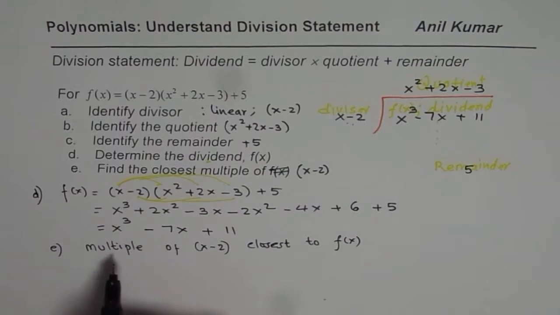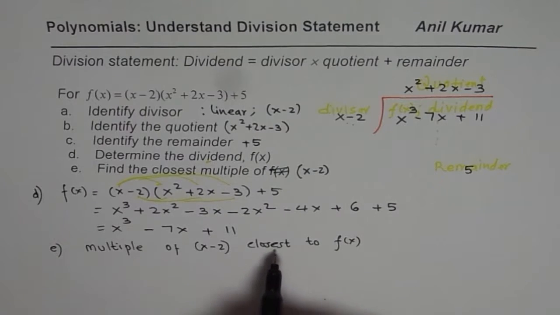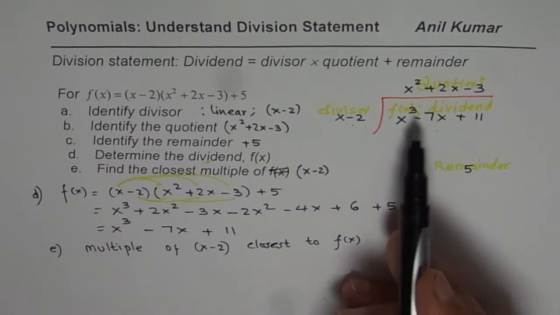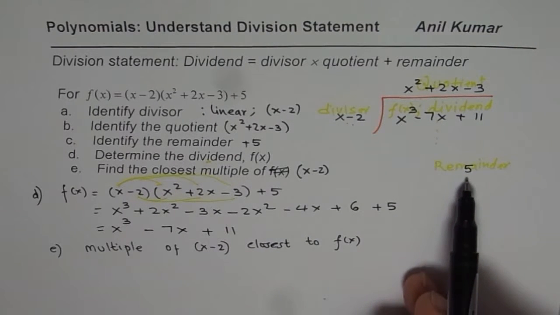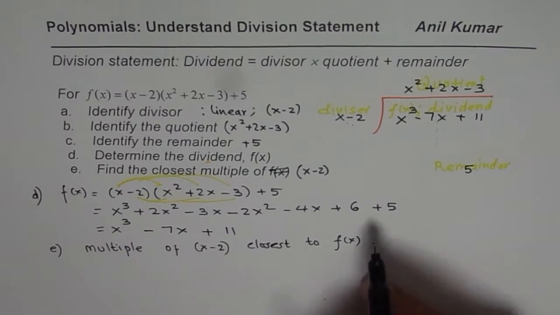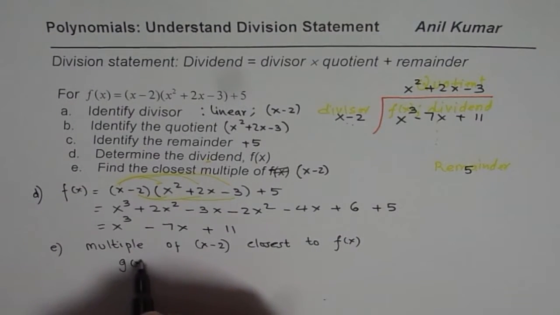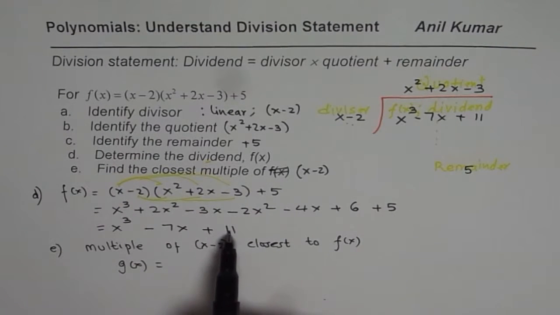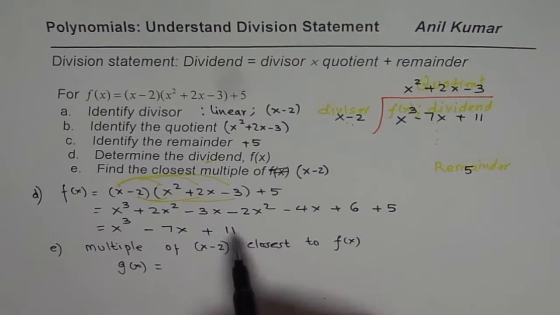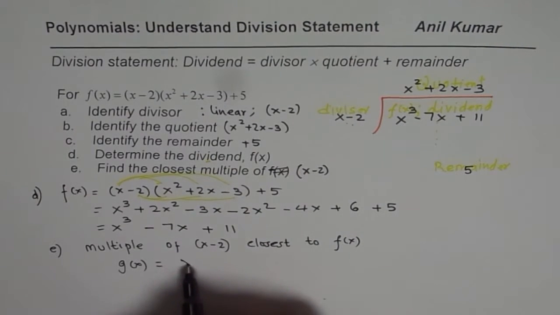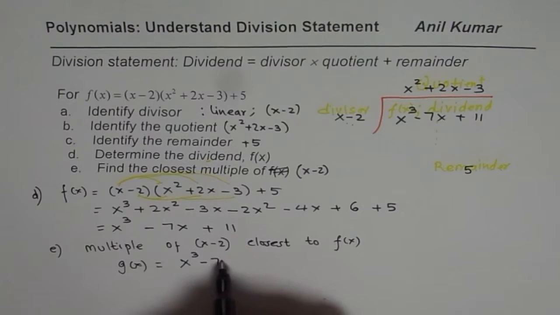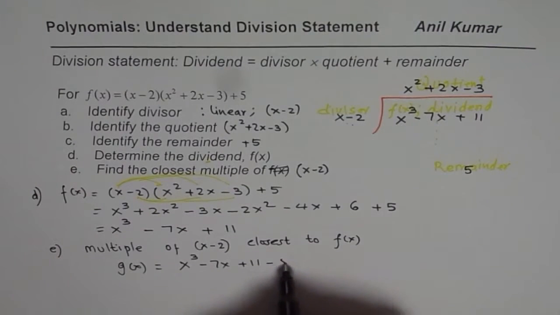Now we know that f of x is not a multiple of x minus 2 since the remainder is not 0. So what could be the function g of x, which is a multiple of x minus 2? If I take away 5 from here, I get my result. So g of x should really be x cubed minus 7x plus 11 minus 5.